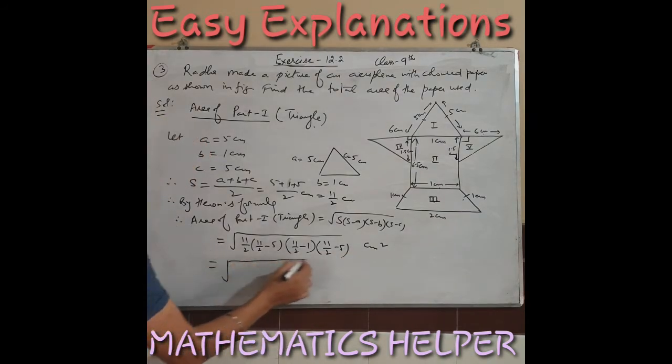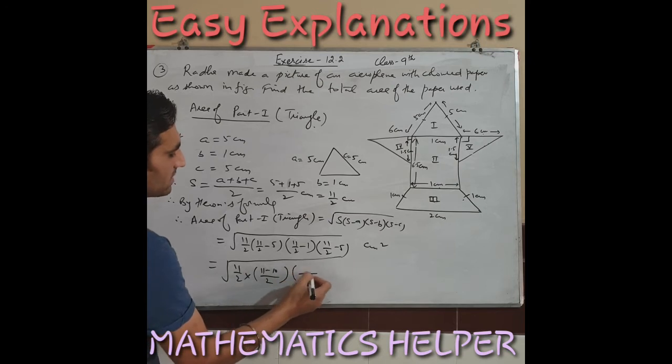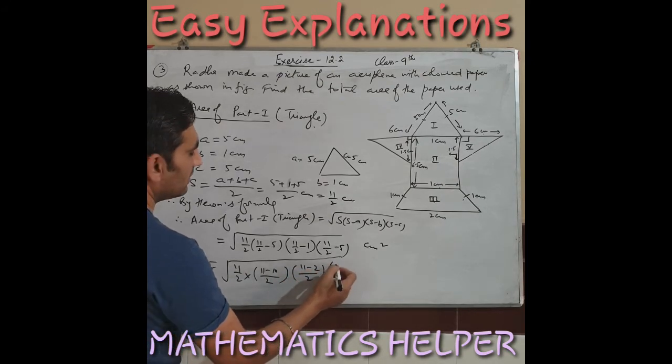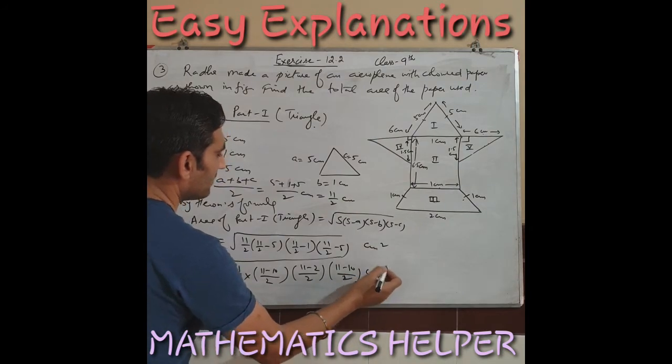It is 11 over 2. What about the LCM of these? 11 over 2 and 5, LCM is 2, so 11 minus 10. Similarly here the LCM is 2, so 11 minus 2. Then 11 minus 10 over 2 centimeter square.